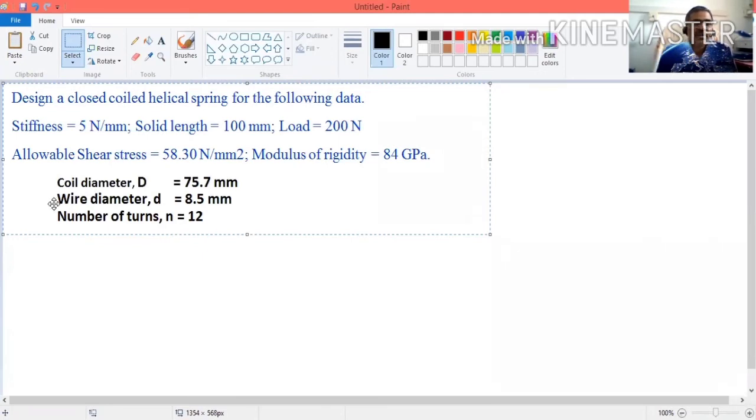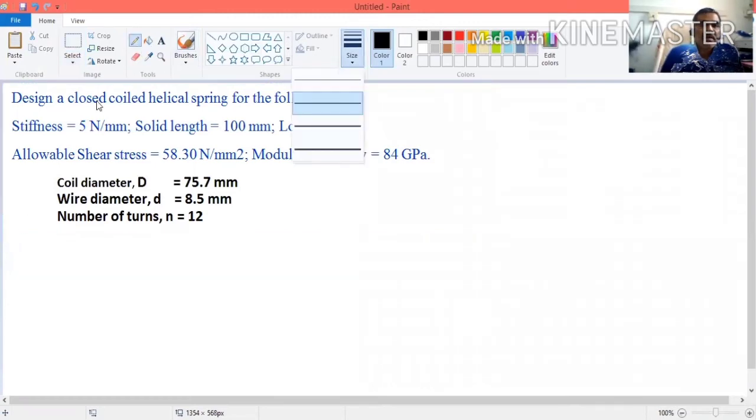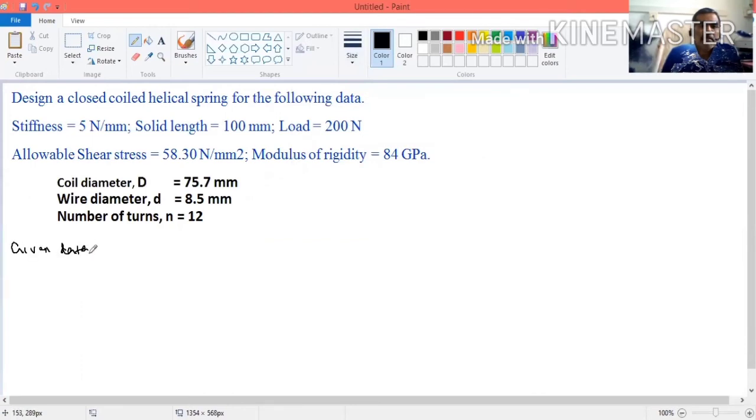So now from the given data, stiffness K is equal to 5 Newton per millimeter.